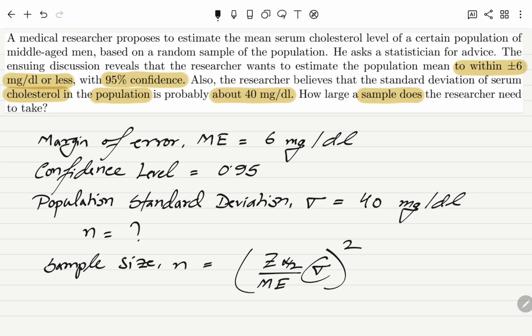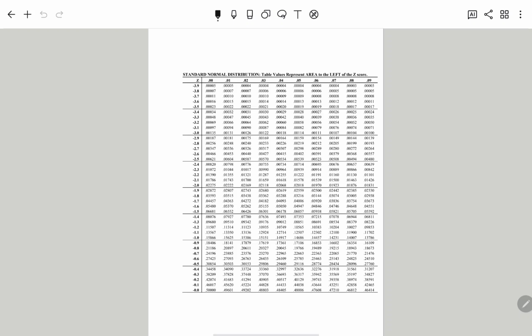So essentially we have the sigma here, which is 40, we know. We also have the margin of error, which is 6, but we just need to find z of alpha over 2. So let's see how we can find that.